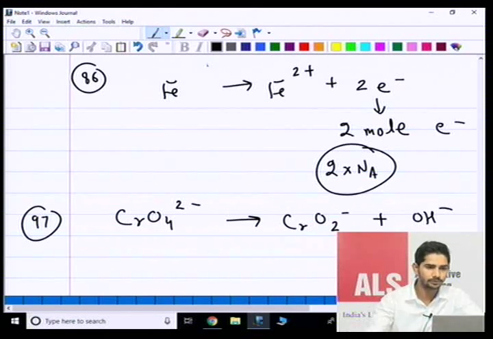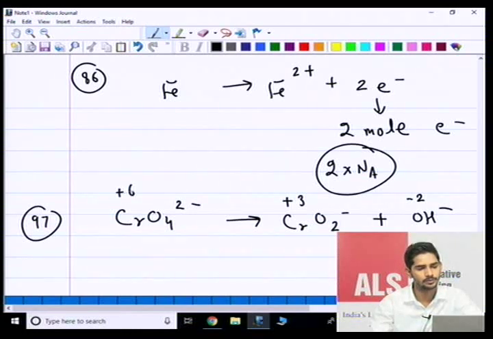If I calculate the oxidation number of this one, which is plus 3, minus 2, this is your plus 6.